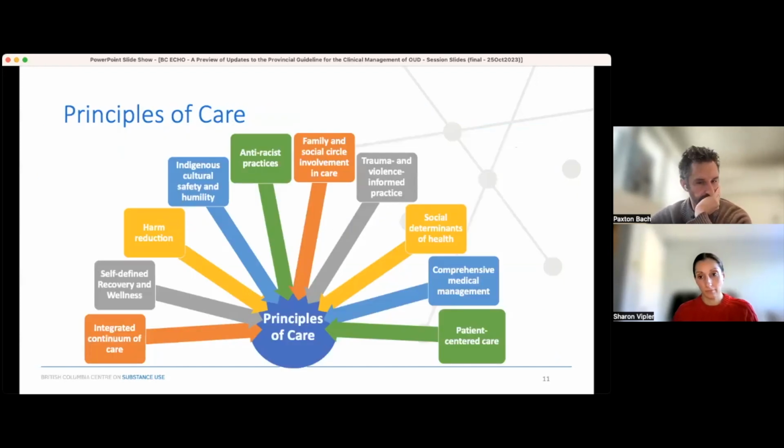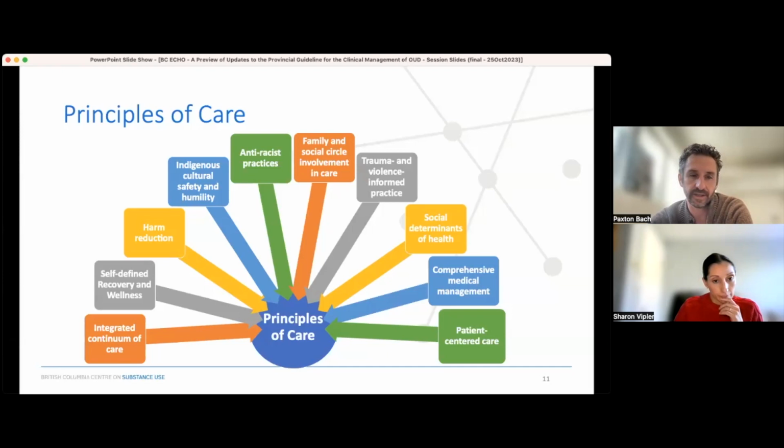So just to highlight one of those before I turn it over to Dr. Vipler, I'll expand a little on what's meant by principles of care. There's a whole new section in these guidelines that outlines different areas that are important considerations in the care of anyone seeking care for opioid use or an opioid use disorder.